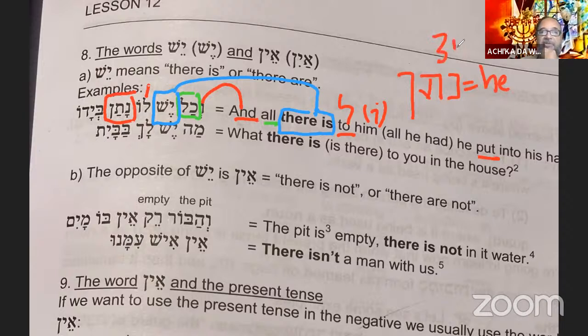Third person masculine singular, he. And then we know what the actual root means, put, and then ba is in for the tent, into, like you're going into a tent, and then yad is hand, and then o on the end is his hand. Bayado. I'll put a word up here in English. What did I just say?